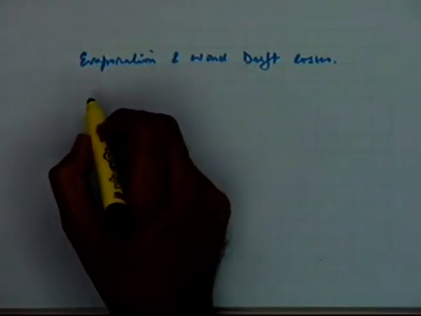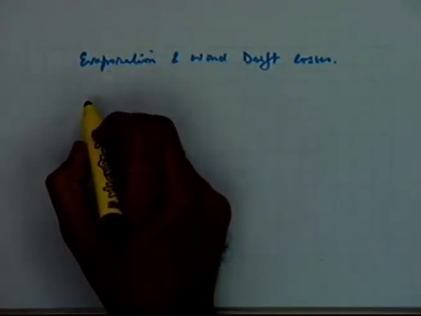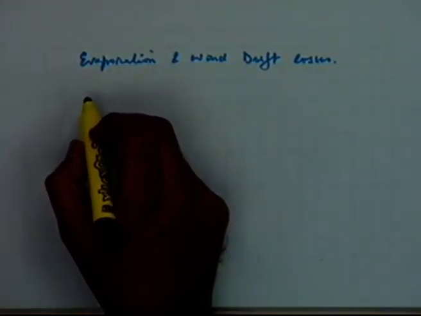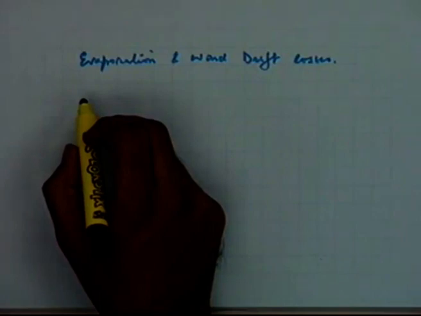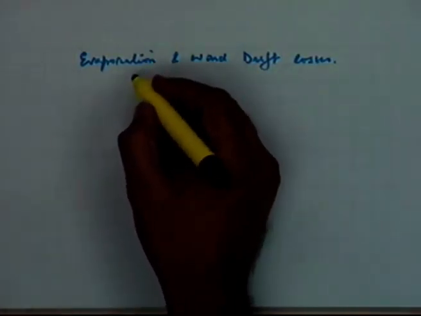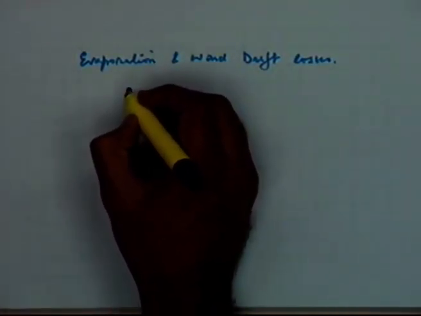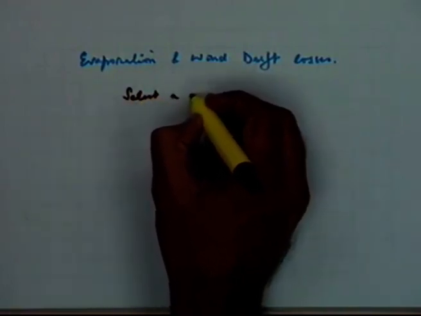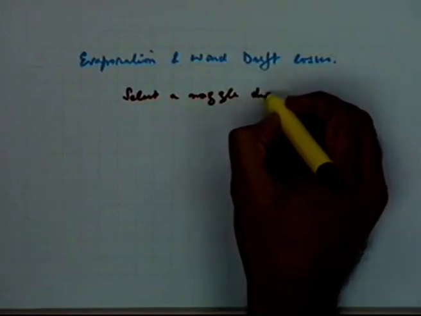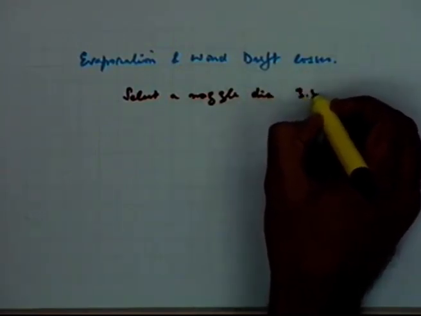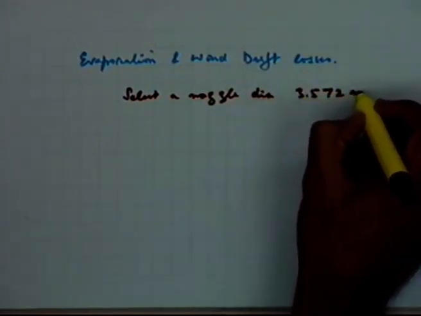At this stage, we can go in for the selection of a nozzle. We can select a nozzle, and we can also select under what pressure this nozzle will operate. So if you make a selection of the nozzle, select a nozzle diameter of 3.572 millimeter.